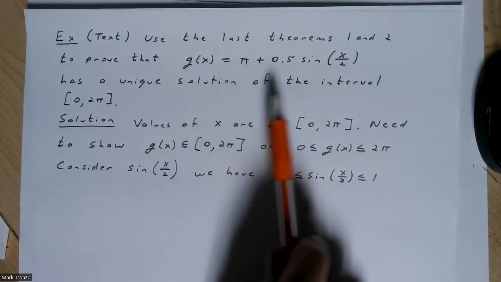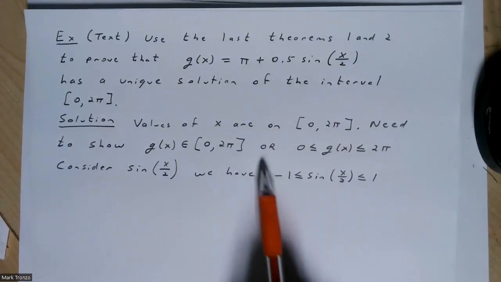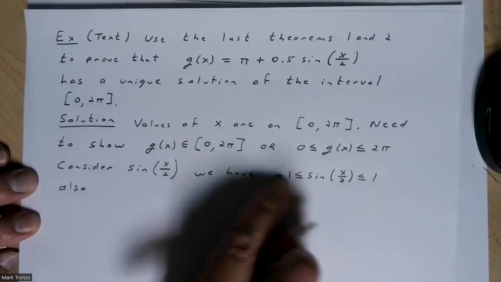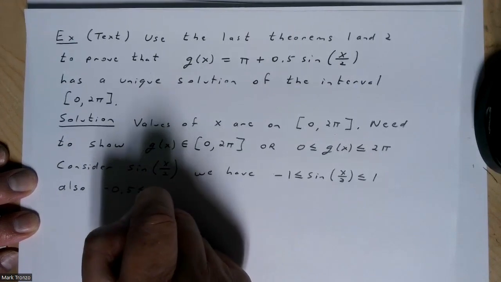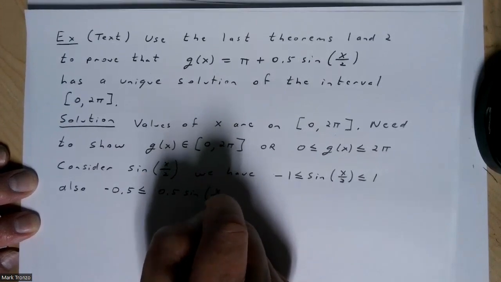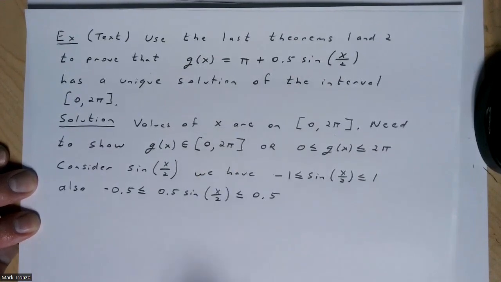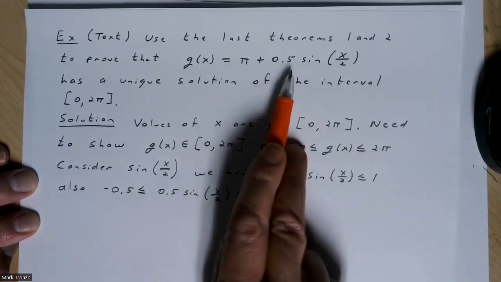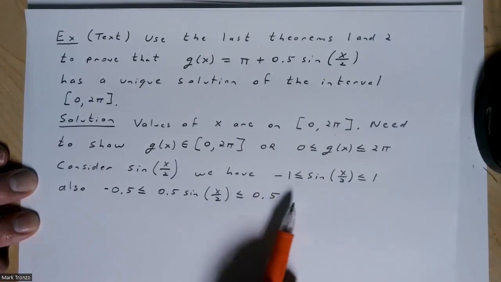And then also notice up here, we're multiplying it by 0.5. So if we multiply by 0.5 all the way across, 0.5 sine of x over 2 is going to be between -0.5 and 0.5.